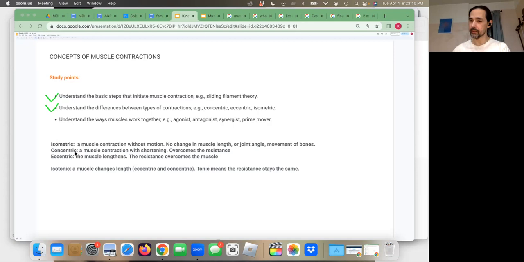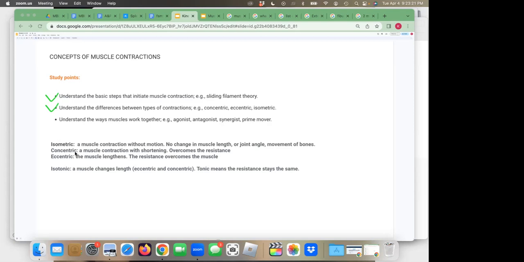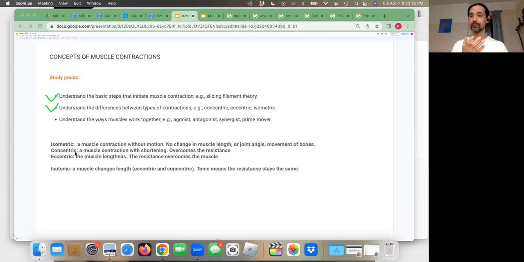Think about the word metric. What comes to mind when you hear metric? Length, or metric as a way of measuring, right? Metric as in meter, centimeter, millimeter, versus what's the other one called?